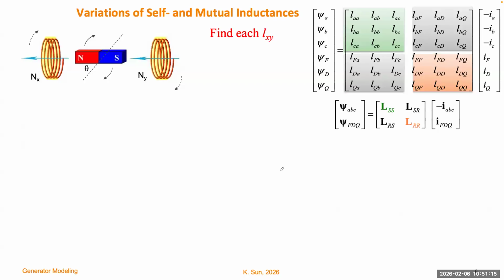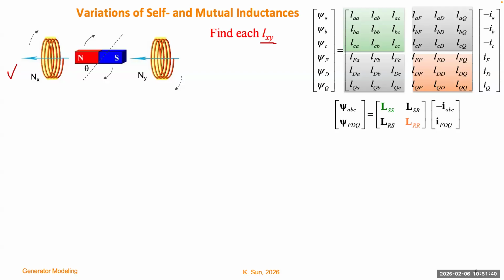All right, so let's figure out how to determine each LSY for this matrix. We'll introduce this analogy, which is like a transformer, or maybe just two coils facing each other, and in between there's a magnetic field that can be stationary or revolving.